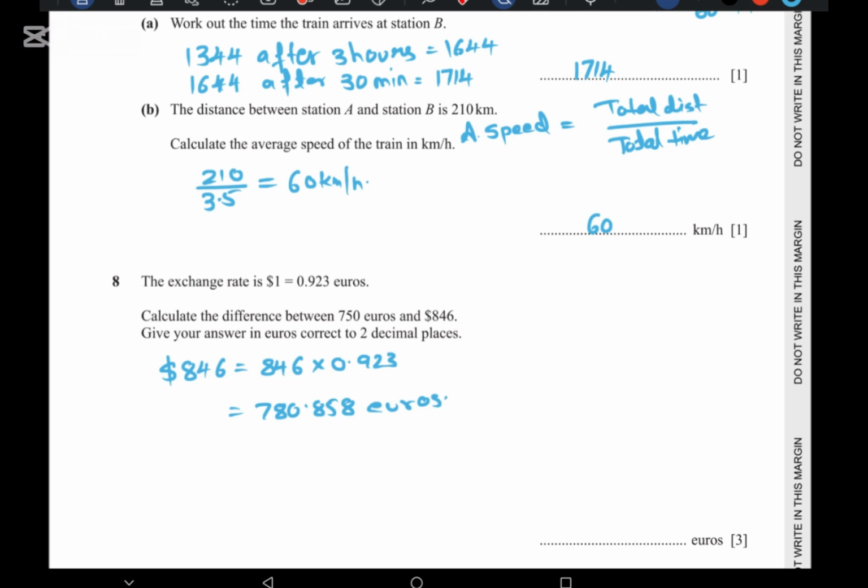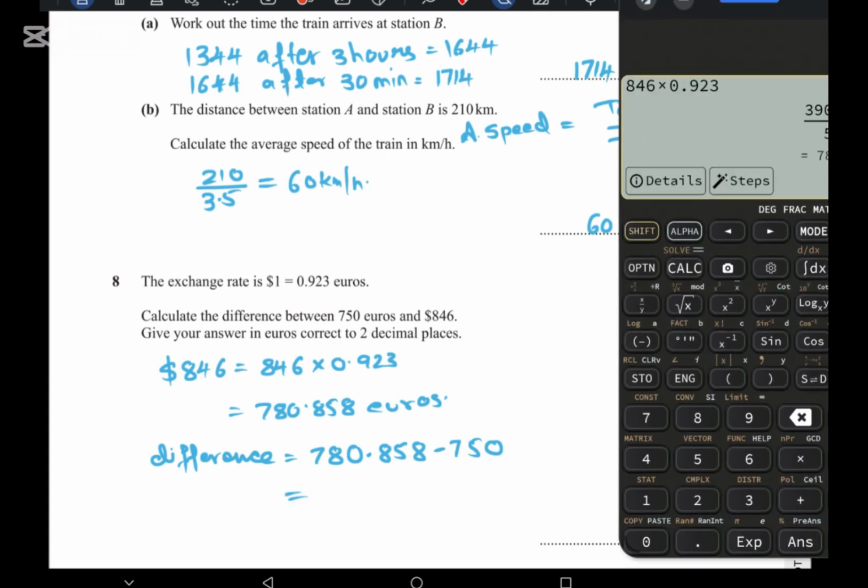This is the amount in euros. Now we need to find the difference, right? So difference is equal to 780.858, this is more, minus 750. Find that out also. We already have the answer here.